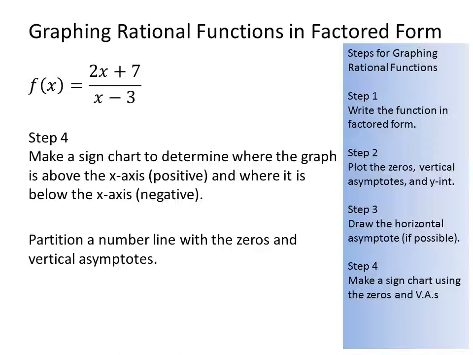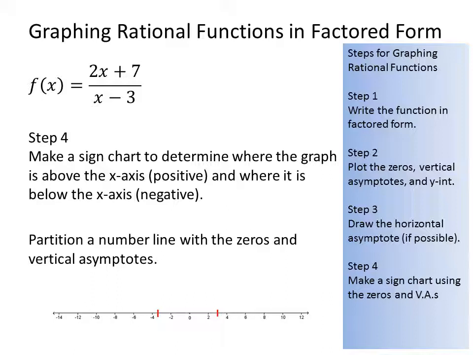So what we do is we partition the number line with all the zeros and with all the vertical asymptotes. In this case, it would look something like this. We had a 0 at negative 3.5, and so we partition the number line there, and a vertical asymptote at positive 3. So we partition it there.